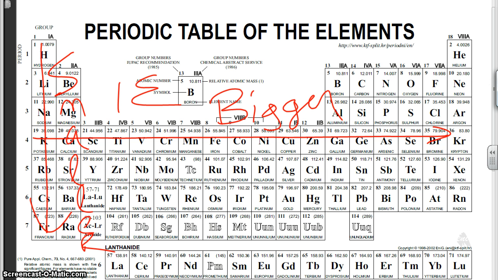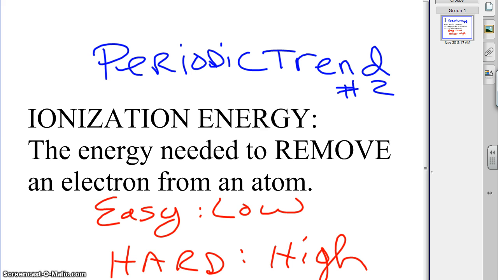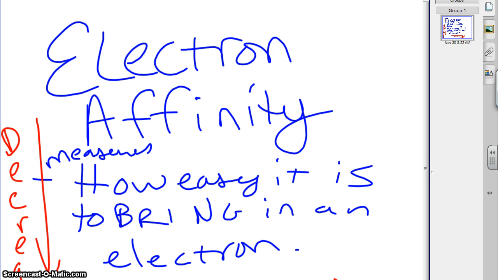One last thing that we need to talk about before we cut this off is electron affinity. There it is. Electron affinity. Electron affinity is not quite the same thing as ionization energy, but it is related, as we'll see in a moment.